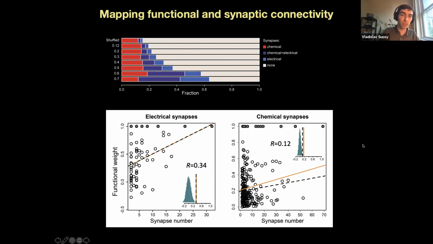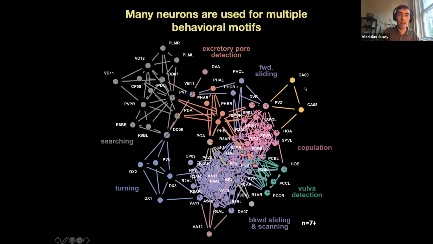And this is perhaps not surprising because you can imagine that two neurons are functionally correlated without being synaptically connected, and this might happen when they're both engaged by sensory stimuli that co-occur at the same time. And two neurons can be negatively correlated, not because they have an inhibitory connection, but because they're involved in behavioral steps that happen at different times.